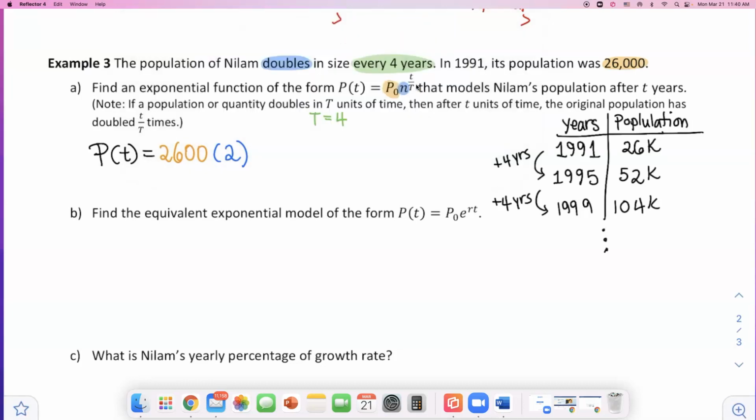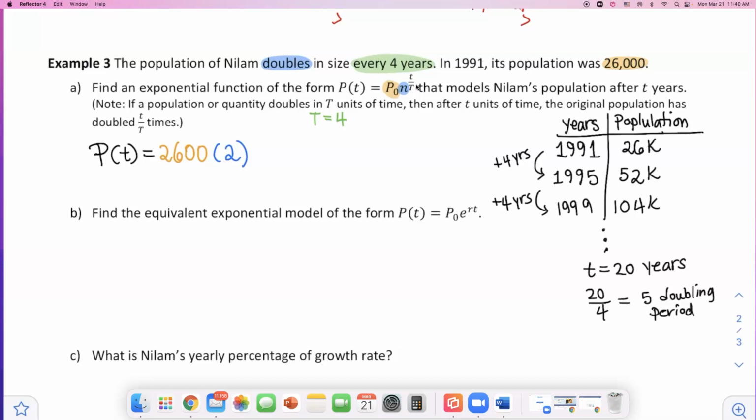Say that we have little t equal to 20 years. If you have 20 years, how many times will this population be doubled? We know that it doubles every 4 years, right? So 20 divided by 4 will give you 5. So if we have 20 years, we will have 5 doubling periods.